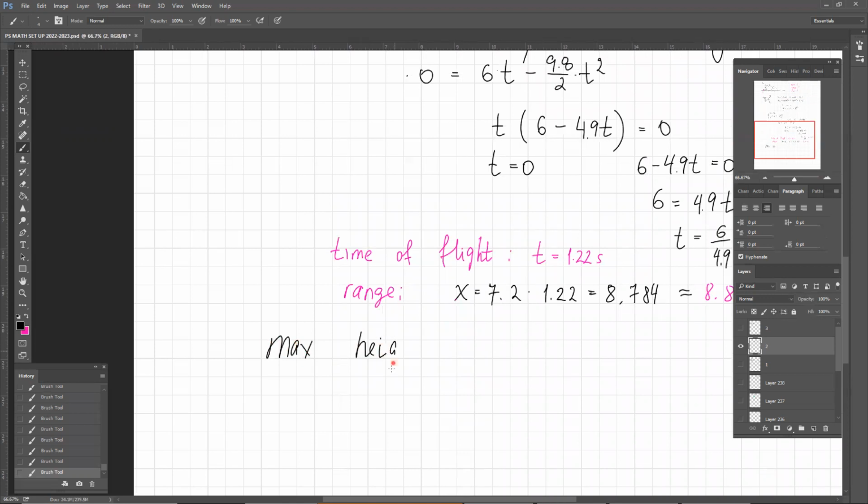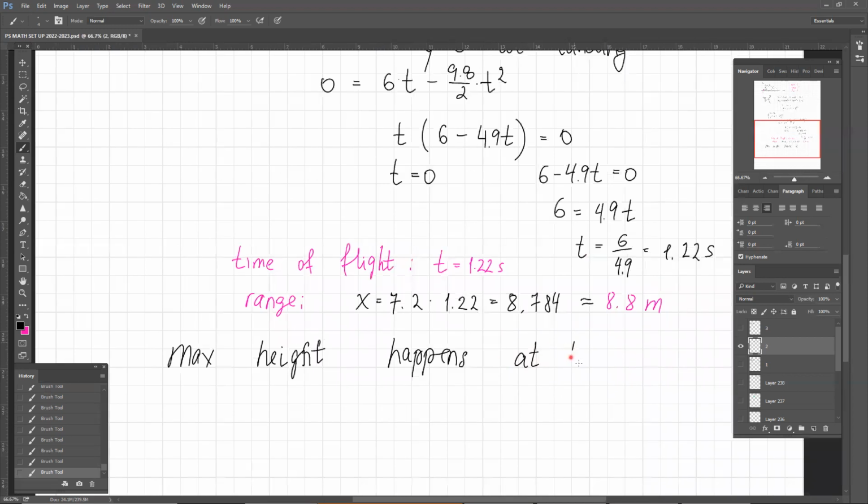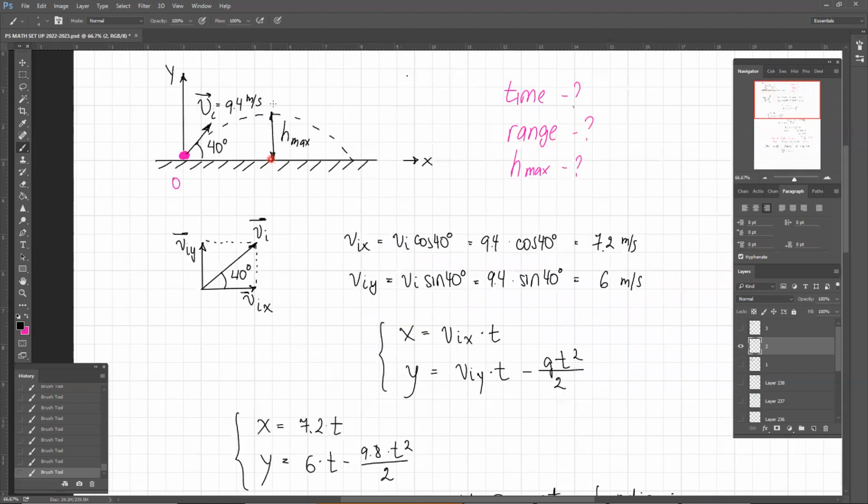Maximum height happens at half time. So we divide 1.22 by 2, and it becomes 0.61 seconds. So basically at 0.61 seconds, if we are able to find the vertical position of the ball, then we just find the height.